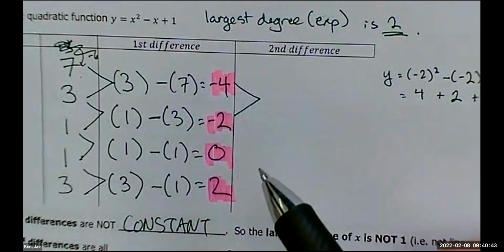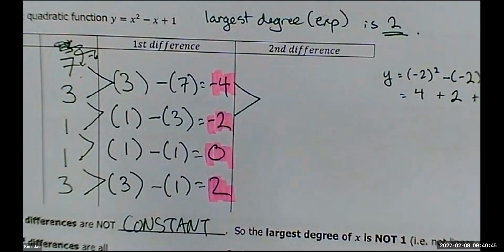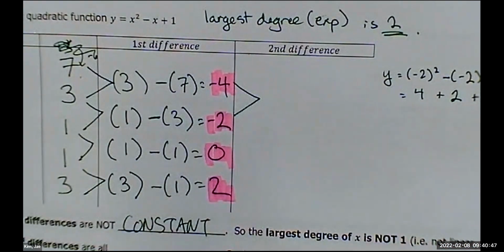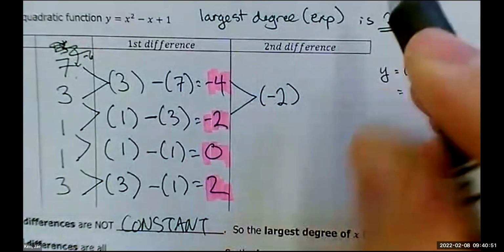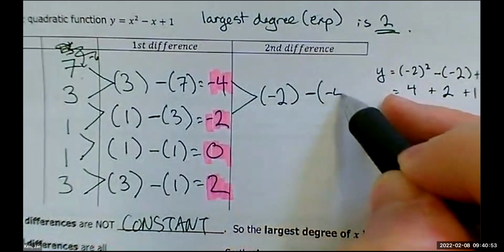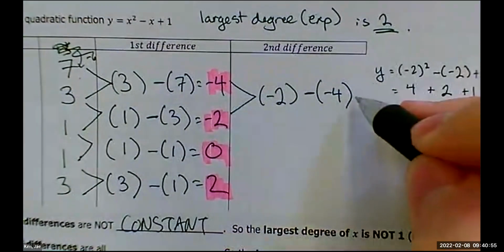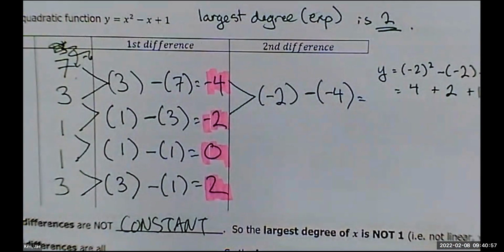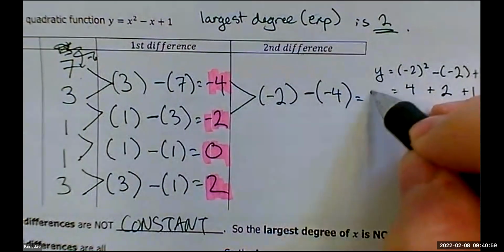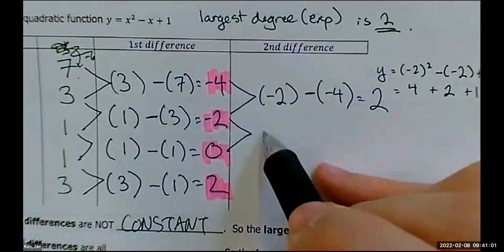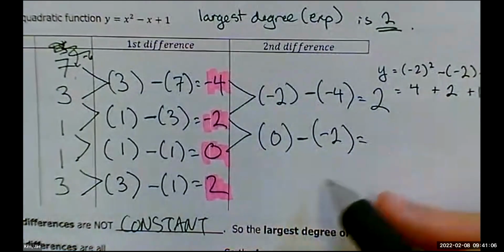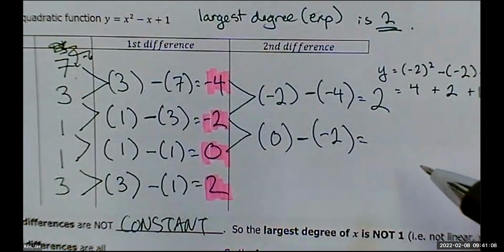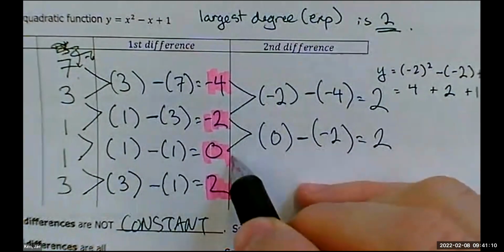So I'm going to try it again. With the numbers from first differences, I'm going to do the lower number subtracted by the higher number. So -2 minus -4 is -2 plus 4. That's a 2. 0 minus -2, 0 plus 2 is a 2.